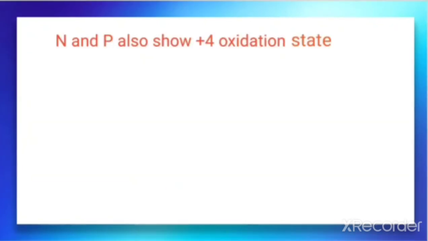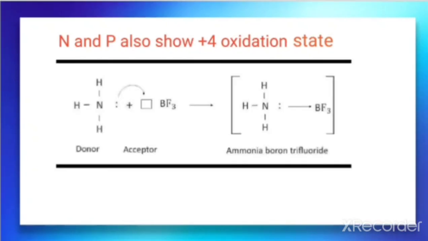But nitrogen and phosphorus also show the +4 oxidation state. As an example, ammonia reacting with a Lewis acid results in the formation of a compound, ammonium boron trifluoride. This results from the formation of a bond called a dative bond, that is, a coordinate bond.